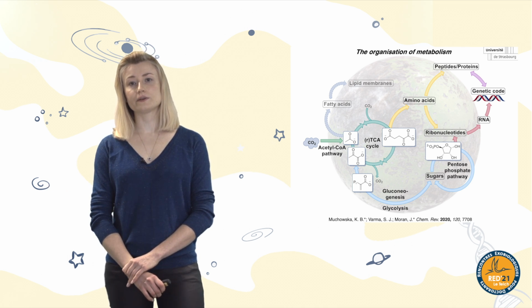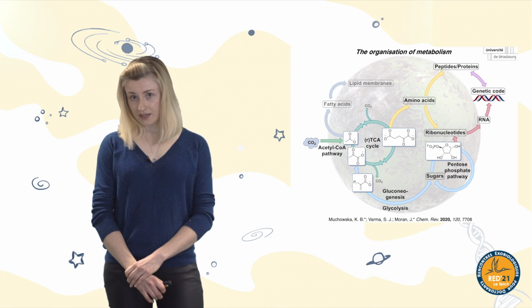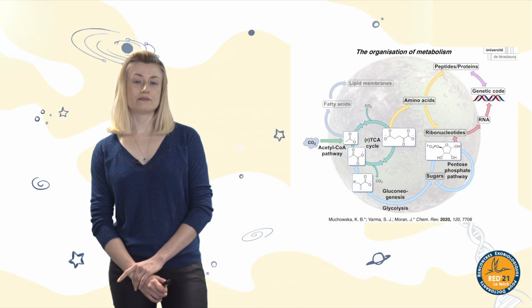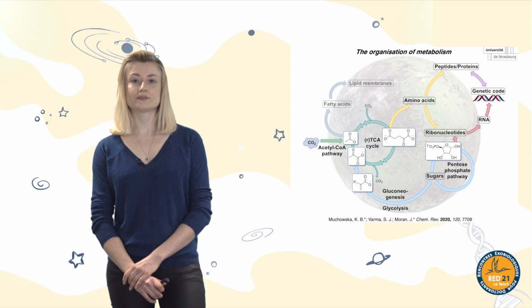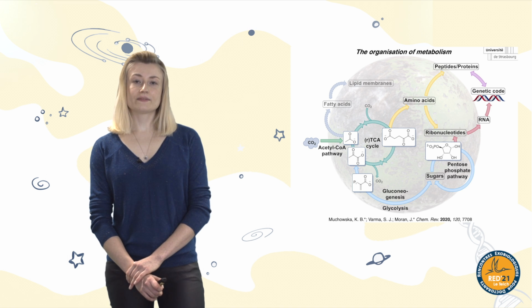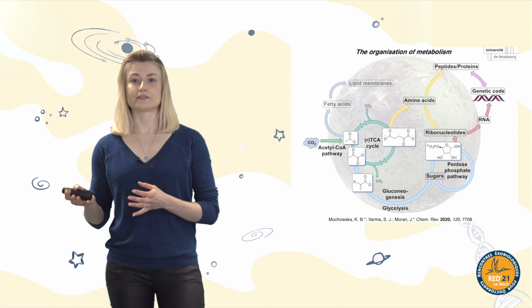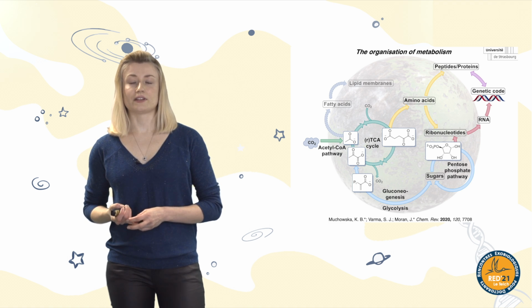And eventually, going to the right-hand side of the slide, we combine amino acids and sugars, and what we form is ribonucleotides, which then, if you go to the upper right corner, start progressing towards the genetic molecules and eventually entire genetic systems.